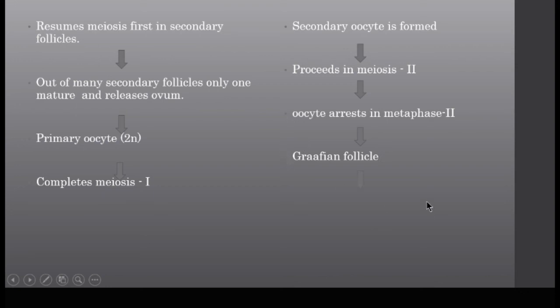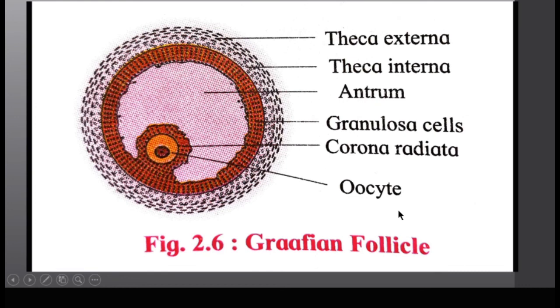And a final point given here: for the conversion of the primary follicle into the secondary follicle, it takes 90 days. And finally, the Graafian follicle that is formed from the secondary follicle looks like this.